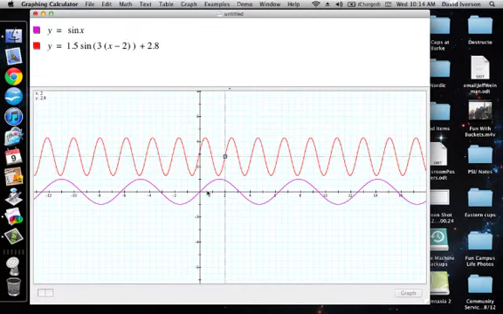And instead of having an amplitude of 1, going from 0 to 1 or from -1 to +1, it's going to have an amplitude of 1.5, so that distance to that distance is going to be 3.